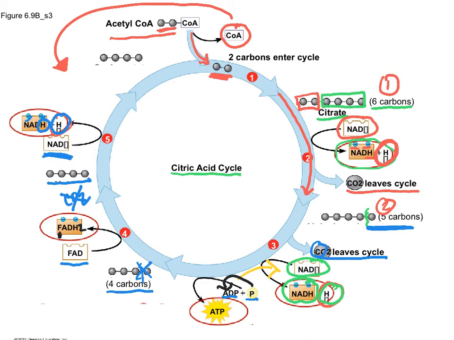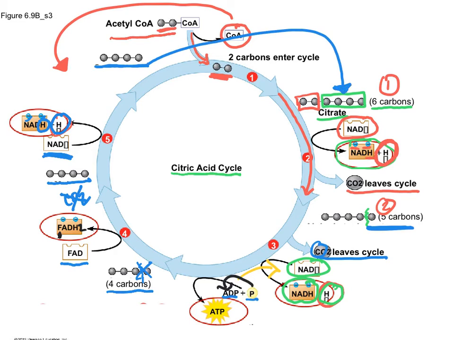And ultimately what happens is after step 5, you still have a 4-carbon compound left over. And that 4-carbon compound is going to be recycled right back into the citric acid cycle. And then it's going to be reused.